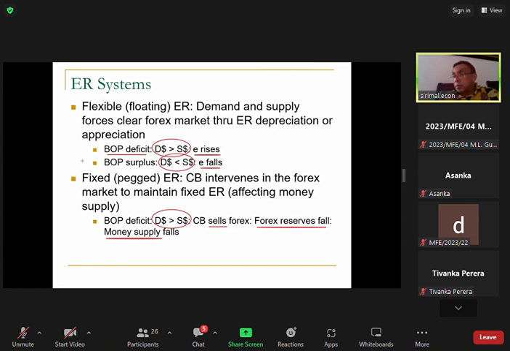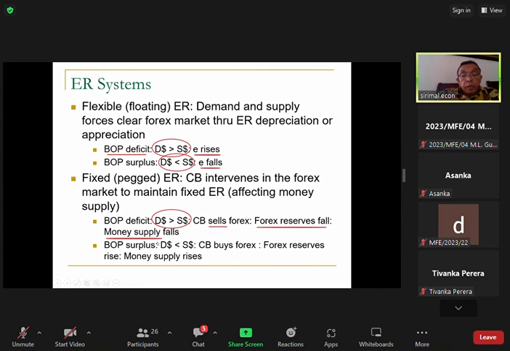Where do they get money to pay? From the commercial banks' reserve accounts maintained at the central bank. So that capital letter R, remember M0 equals C plus R, should decline, which means money supply should decline. That's one of the connections between the foreign exchange market and the money market.